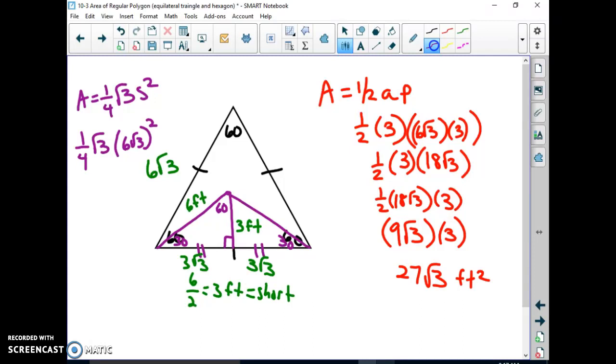If I square 6 radical 3, that becomes 36 times 3, and 36 times 3 is 108. Then if I take that times 1/4 times the square root of 3, well, 1/4 of 108 is 27. So my answer becomes 27 square root of 3 feet squared. And so I get the same answer no matter how I do this.